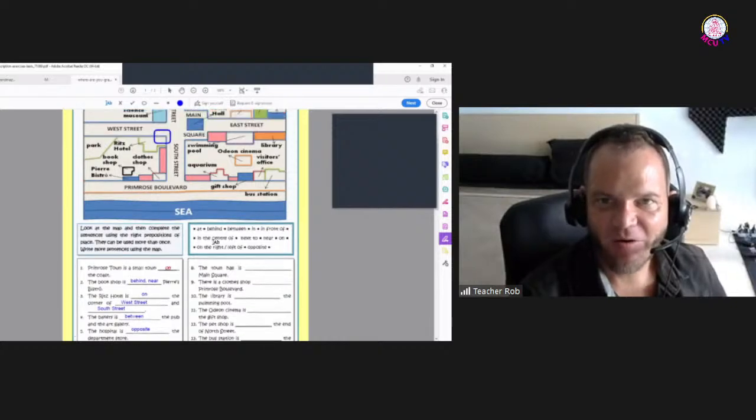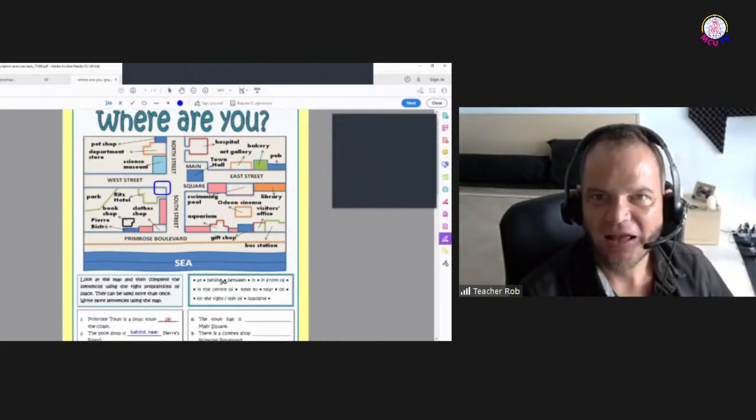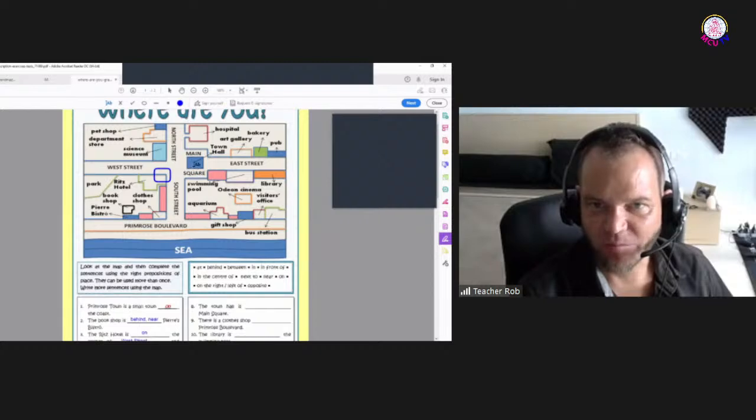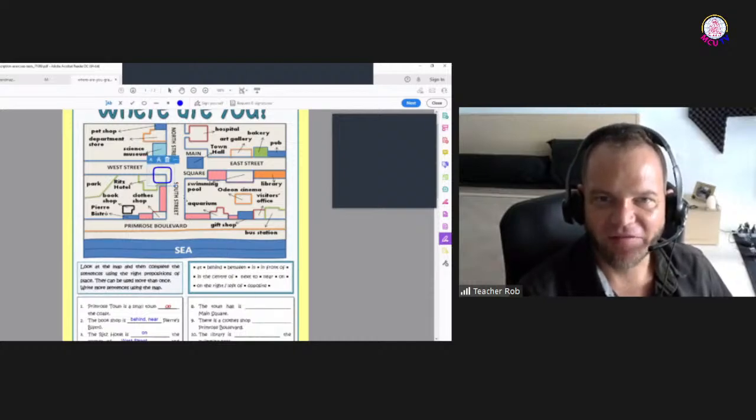Let's go back up to number 8, you guys. Number 8 is the town hall. Look at where the town hall is. That's the blue building. It says the town hall is blank main square. If you think of it, the main square is this whole area here. So the town hall would be. On the right side?